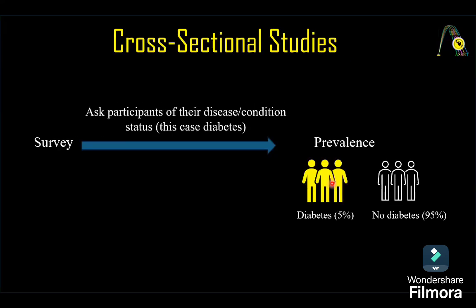You have a survey and you ask participants about their disease or condition status, in this case diabetes. Then you can determine the prevalence, say, for example, 5% of these survey participants had diabetes and 95% did not. So it's very useful for determining prevalence in a population.